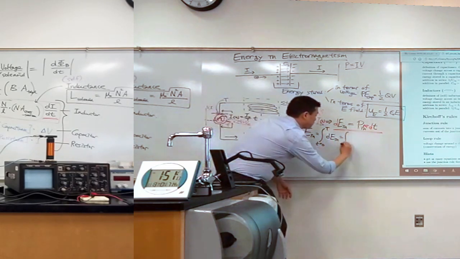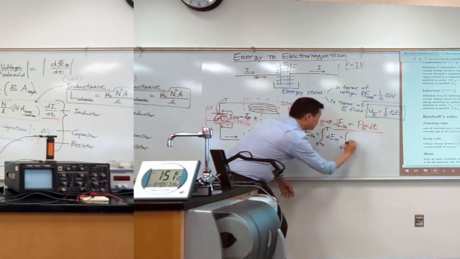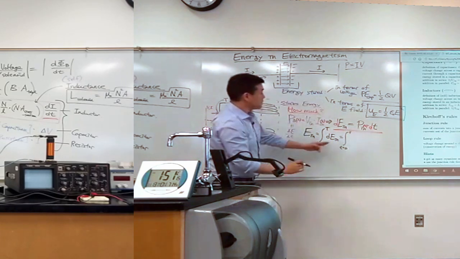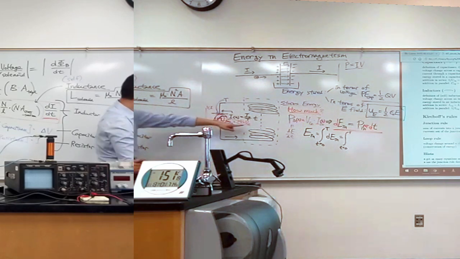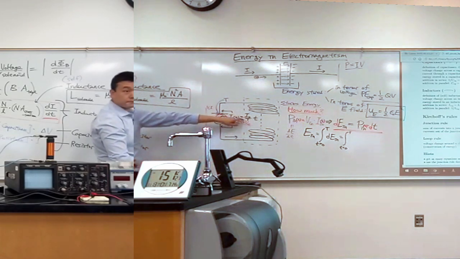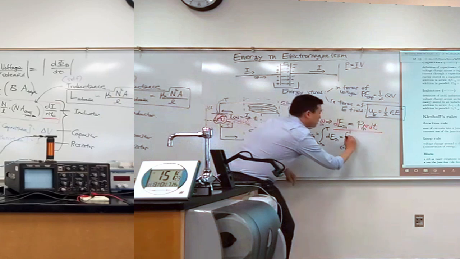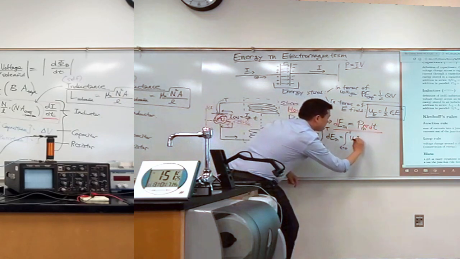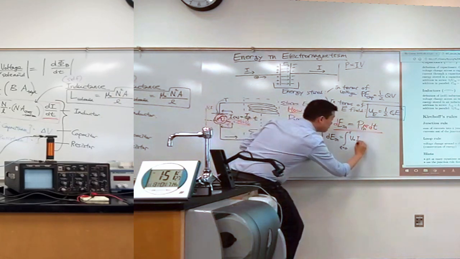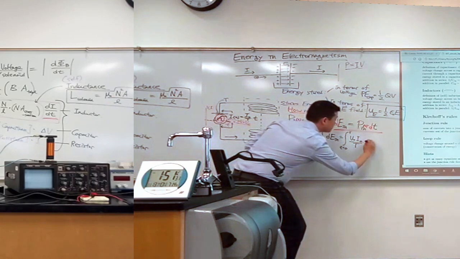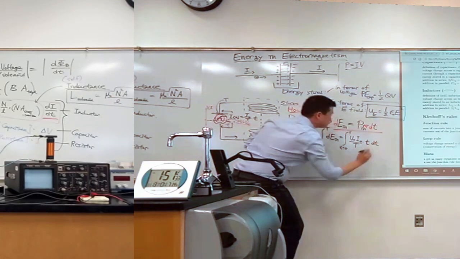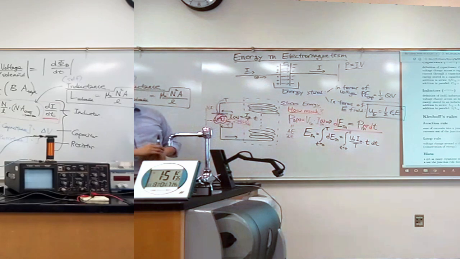So that's equal to, I think I can actually do this on this small space, power in is the voltage V naught times the current. So it'll be V naught I naught divided by T times t dt. Good.